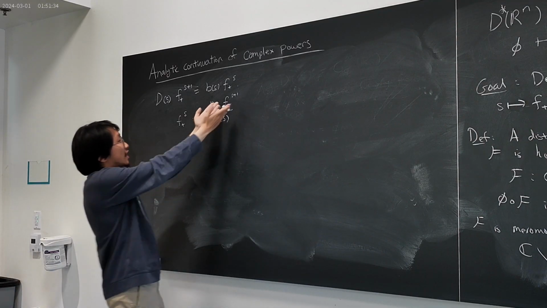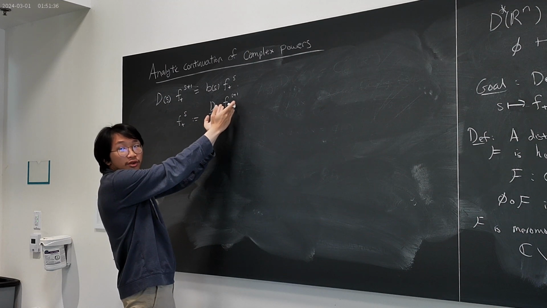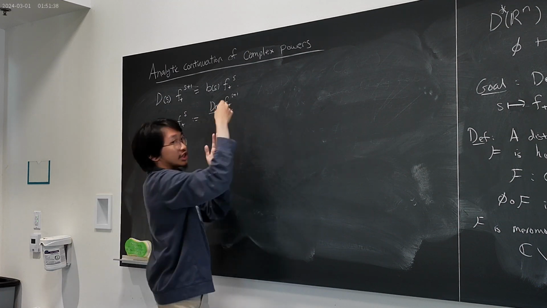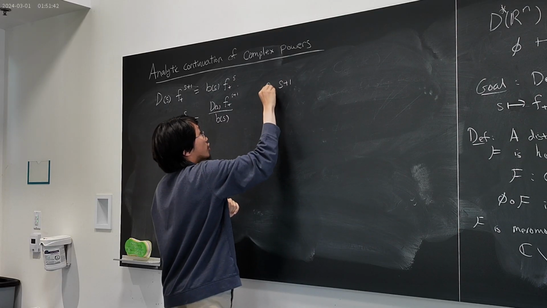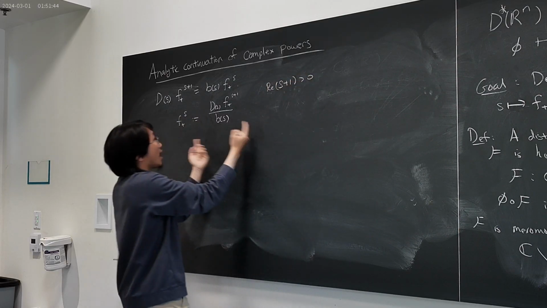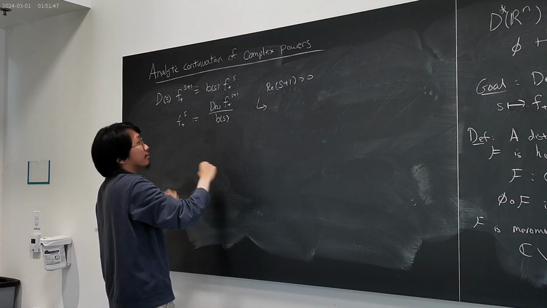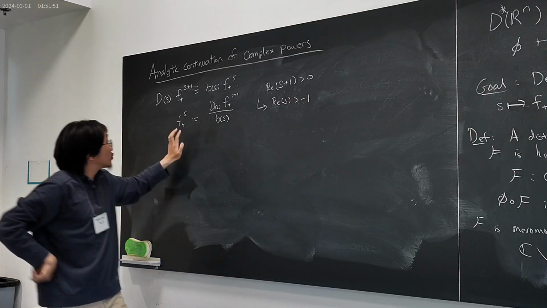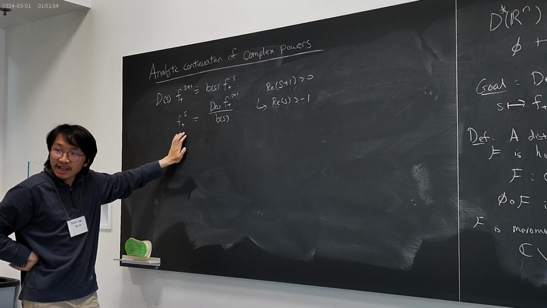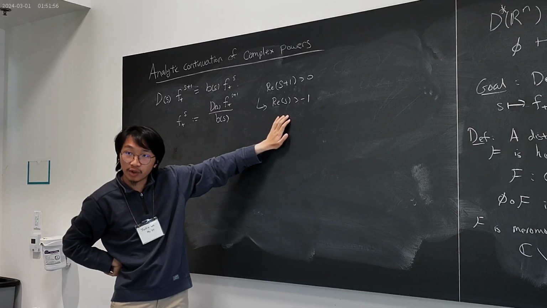Now, if this has already been defined as distributions whenever s+1 is in the domain of definition, for example when s+1 has large enough real part, then this will define f_+^s when s has real part at least minus 1.